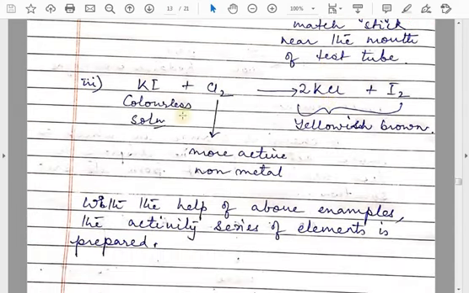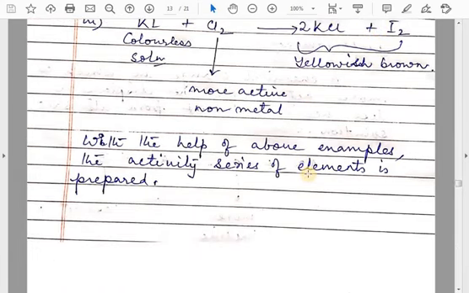Third equation is, if chlorine gas is passed through a solution of potassium iodide which is colorless, the colorless solution will turn into yellowish brown due to the appearance of iodine. Here, chlorine is more active nonmetal, replacing iodine from potassium iodide to give potassium chloride and iodine.